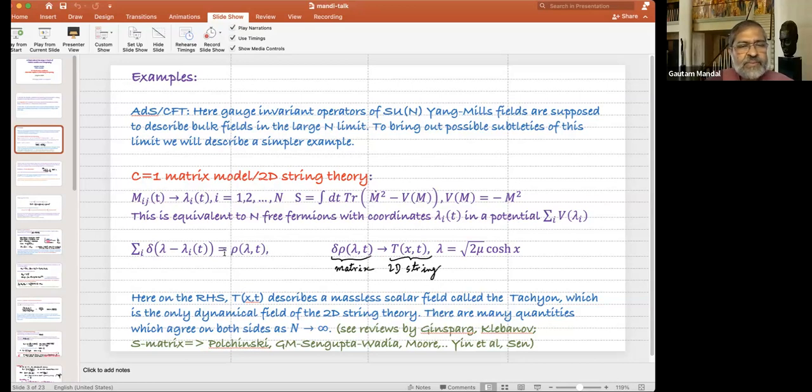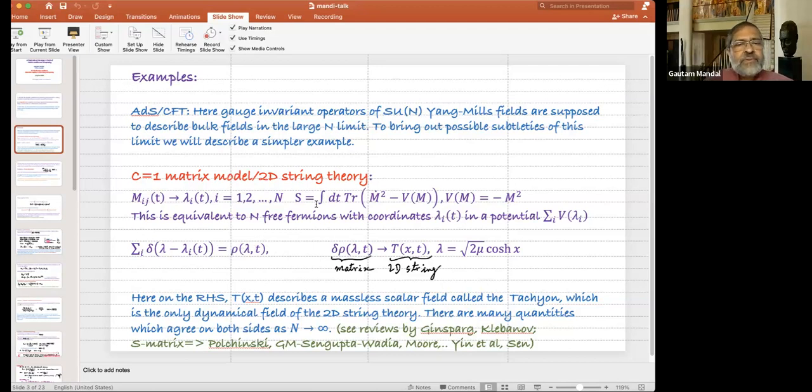The density variable is a counting function defined as such. Rho of lambda and t measures how many eigenvalues there are at some time t between lambda and lambda plus delta lambda. So rho of lambda times delta lambda counts that. To be precise, it is given by a sum of delta functions.